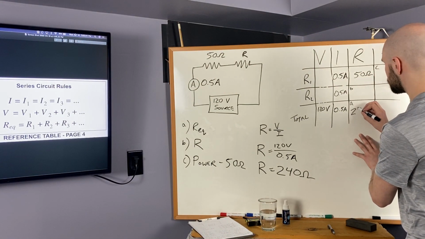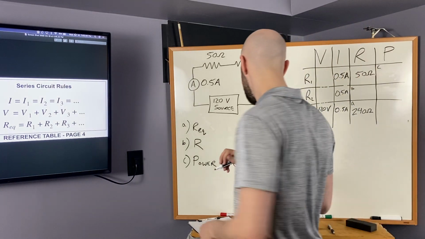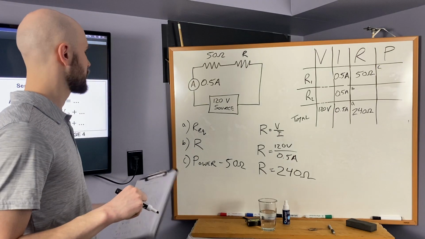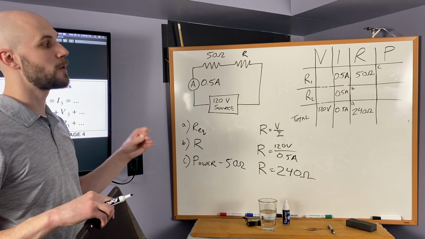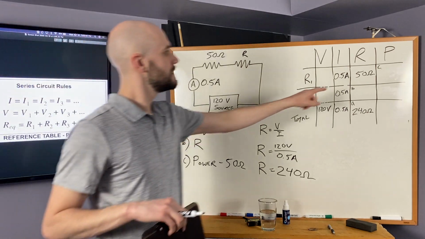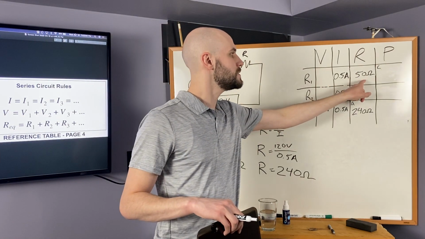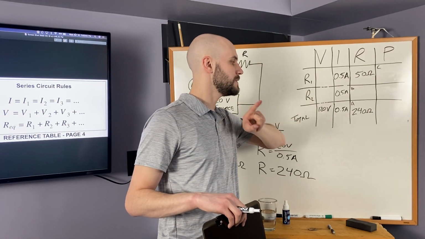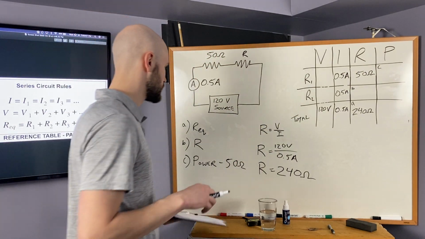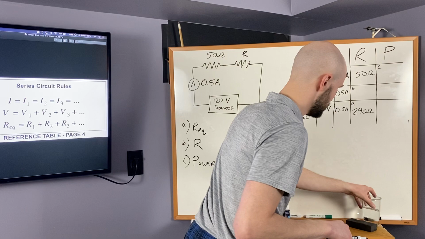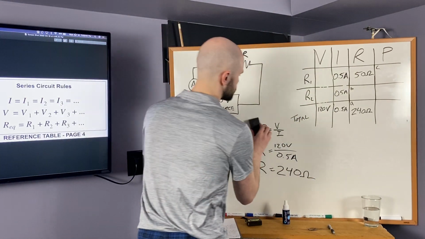This is all a puzzle. Here's to figure out how to use our pieces. Now, that helped us get part A. For part B, we can apply what we know about the equivalent resistance. The sum of this resistor and this resistor in a series circuit will get us to the equivalent, the total resistance.